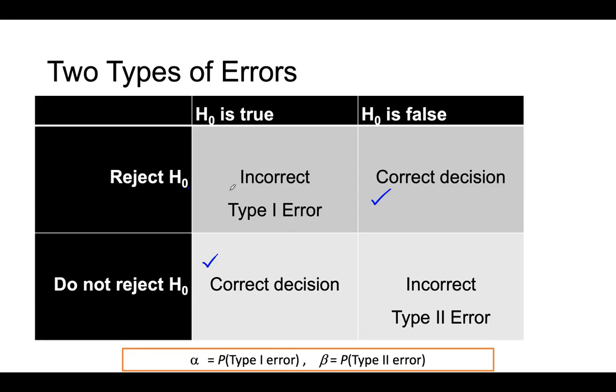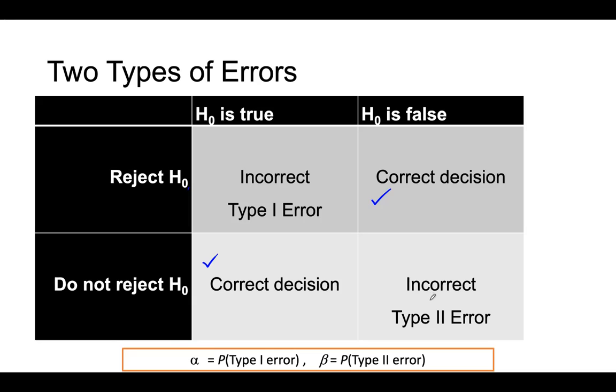That's called a type 1 error, and that really depends on alpha. So alpha depends on this type 1 error. Let's say we want a 90% confidence interval, or 95% or 99%. That really depends on this alpha.